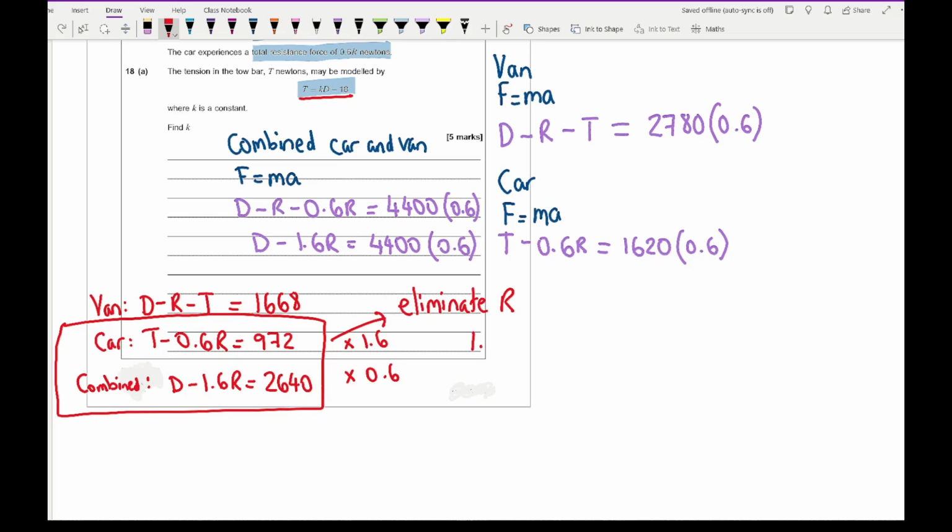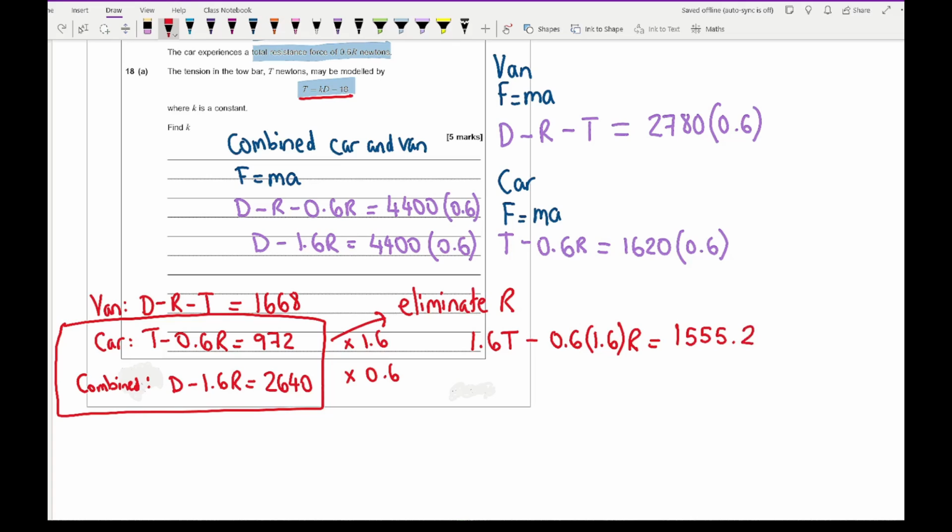So it would be 1.6T minus 0.6 also multiplied by 1.6R equals 972 times 1.6, which is 1,555.2.